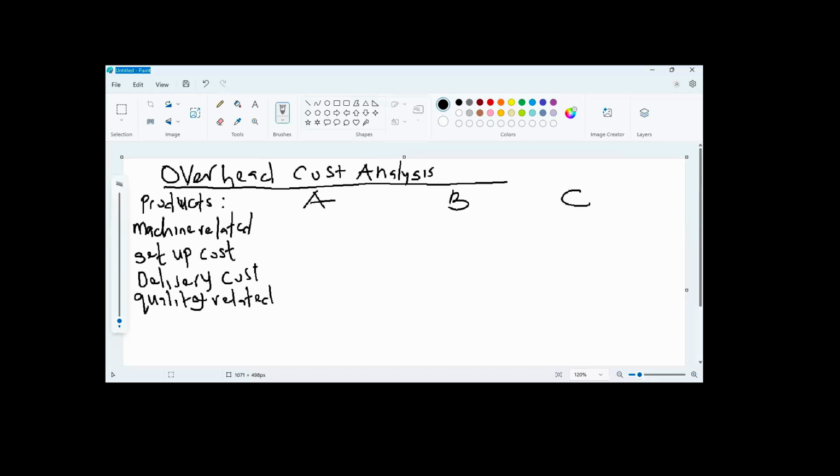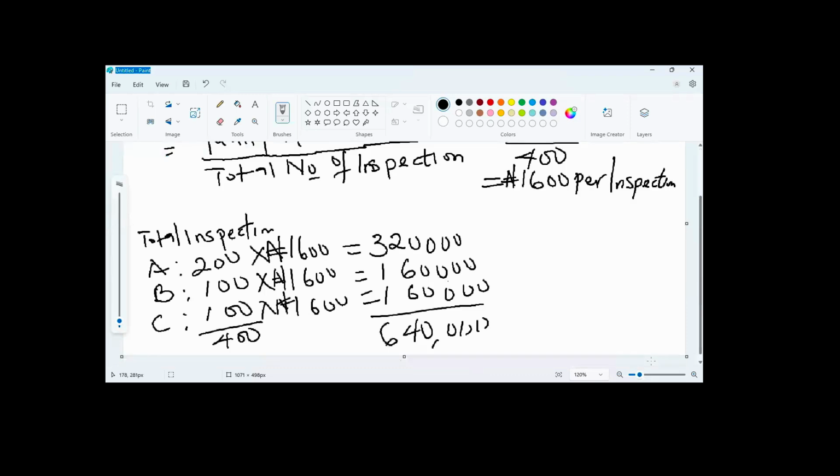Looking at it, the allocation for quality. Is that not? Yes, sir. For product A, 320,000; product B, 160,000; product C, 160,000.